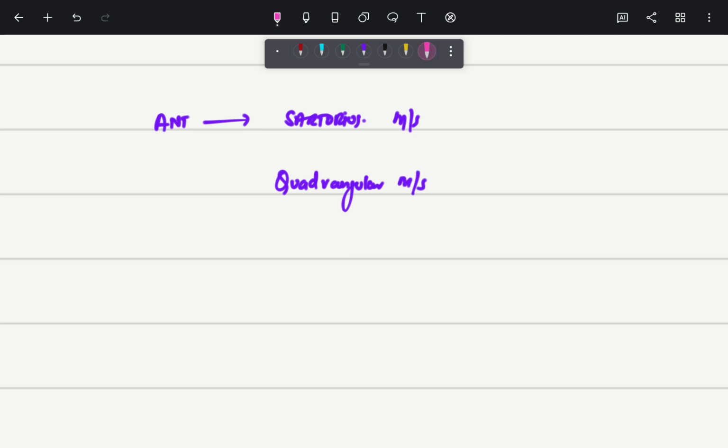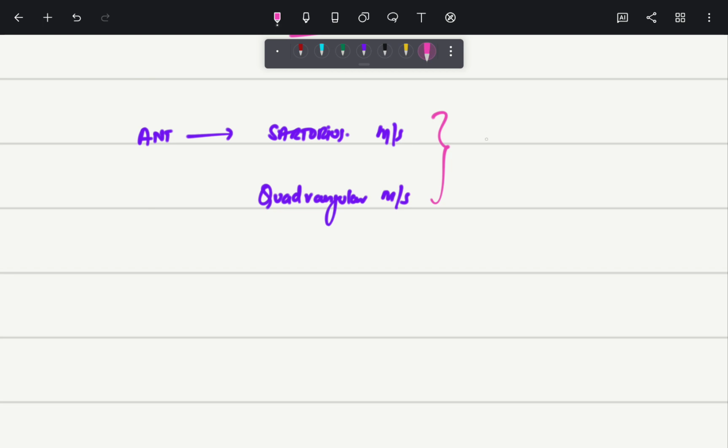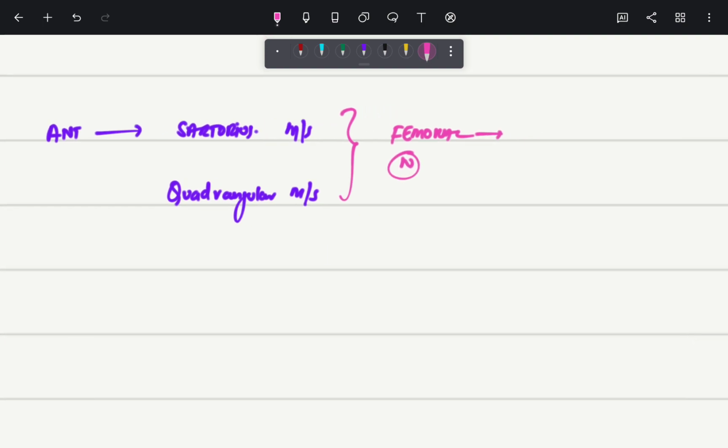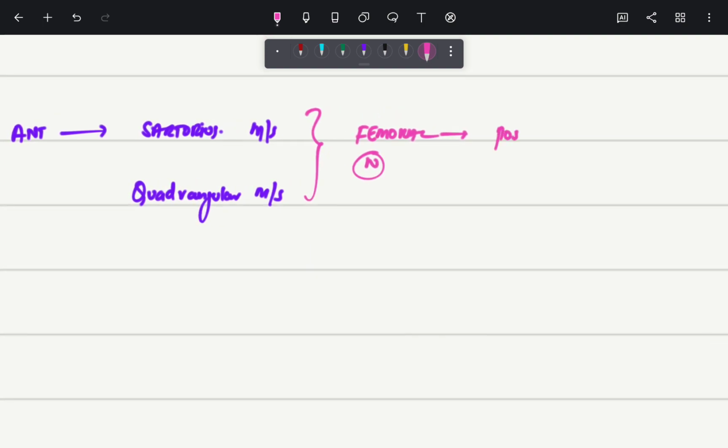And what is the nerve supply in the anterior compartment? It is your femoral nerve, and this femoral nerve is derived from the posterior division of the lumbar plexus, usually L2, L3 and L4 branches.